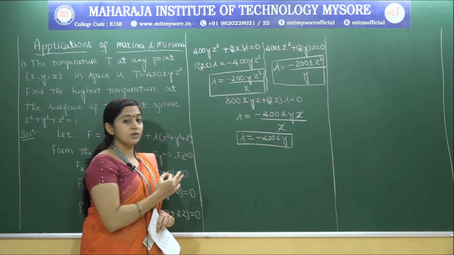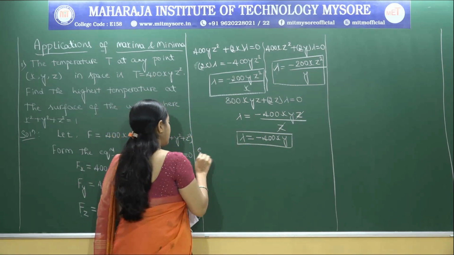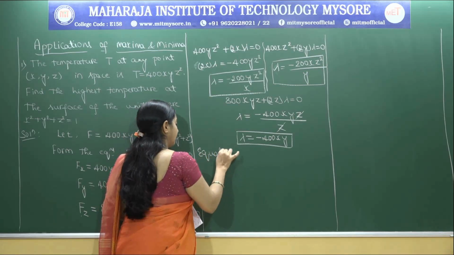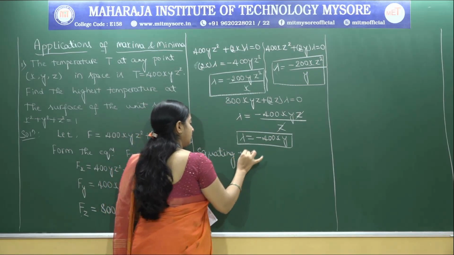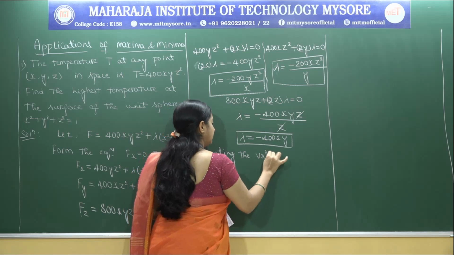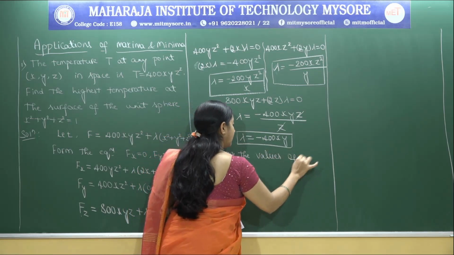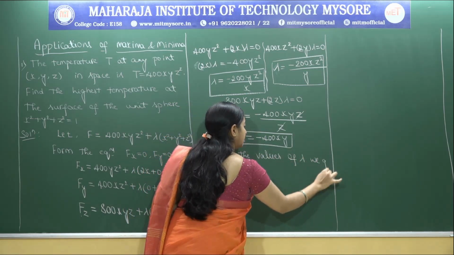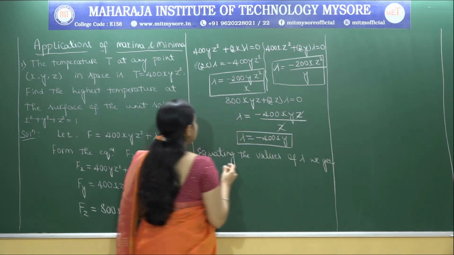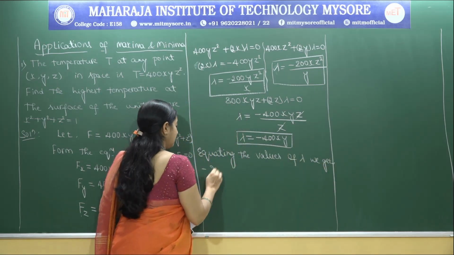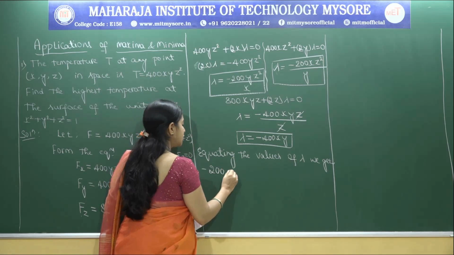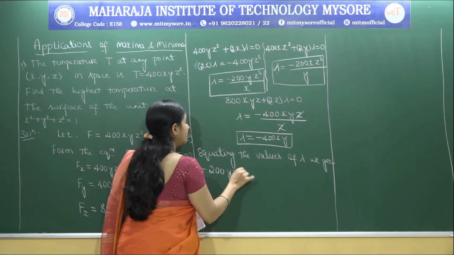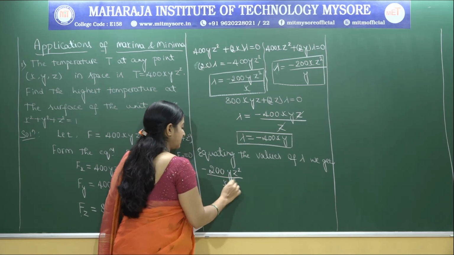Next, you equate all the lambda values. Equating the values of lambda, we get the first one, minus 200yz squared divided by x.